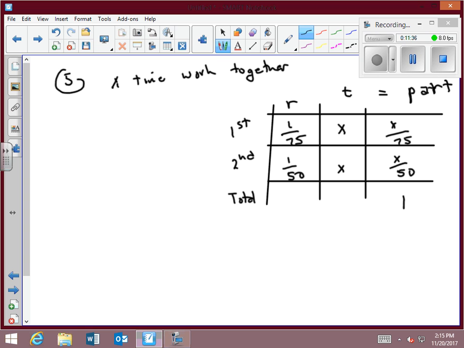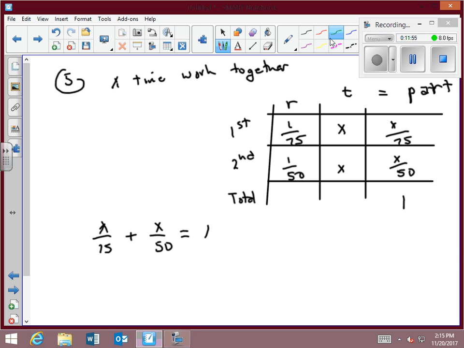So you can see what your equation is going to be. X over 75 plus X over 50 is going to equal 1. Now, you want to get the least common denominator.